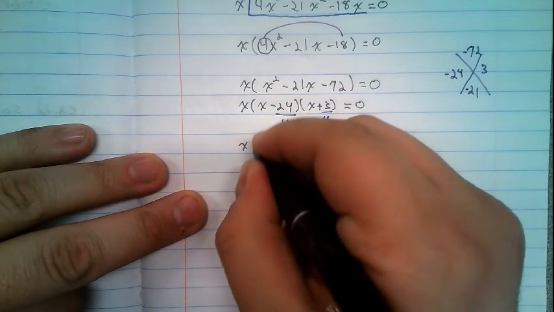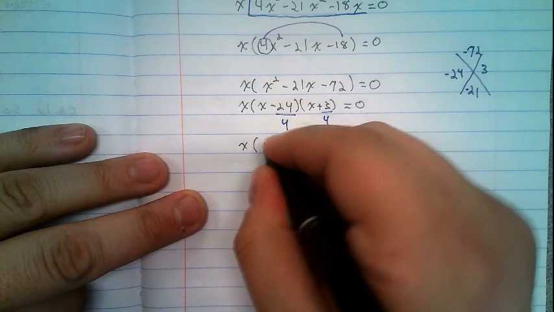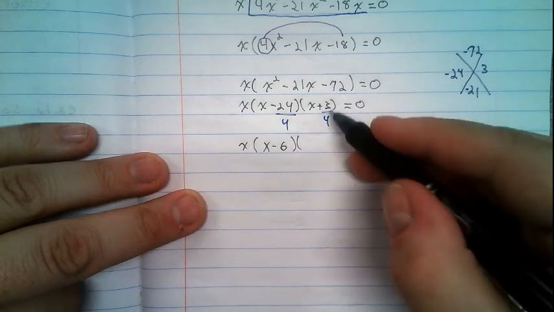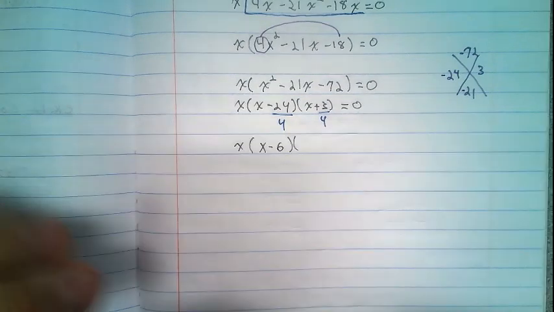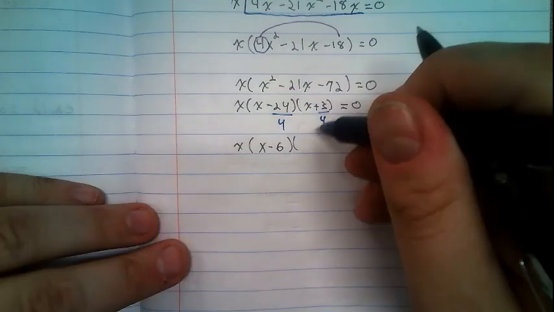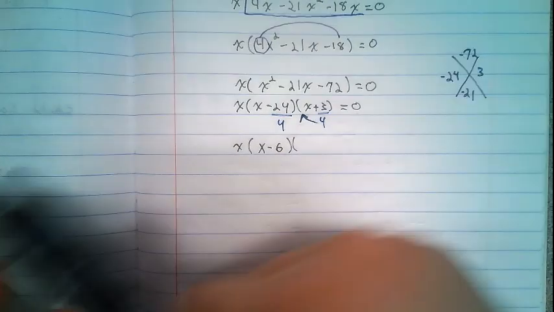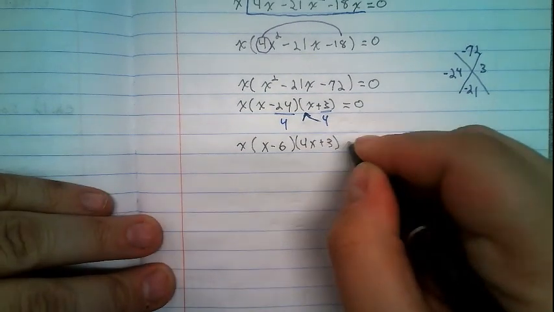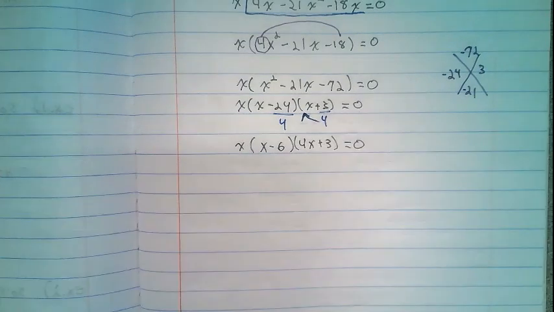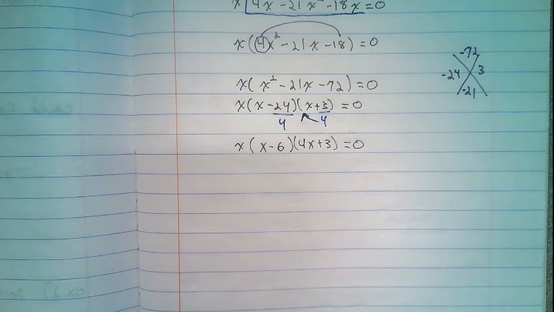This becomes x minus 6. And I can't reduce 3 over 4, so the 4 goes bottoms up, right? Becomes 4x plus 3 equals 0. So now I've got x times x minus 6 times 4x plus 3 all equal 0.